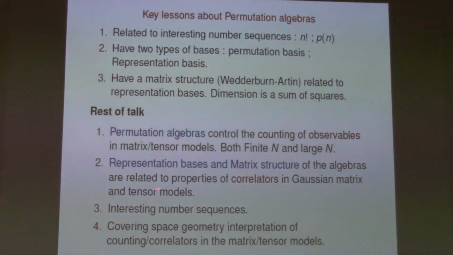And as in this simple case, these algebras are related to interesting number sequences, and there's some stringy geometry as well associated with these algebras, which becomes apparent when you look at how to interpret the counting formulas that we encounter in counting observables of matrix or tensor models. So that's the plan.